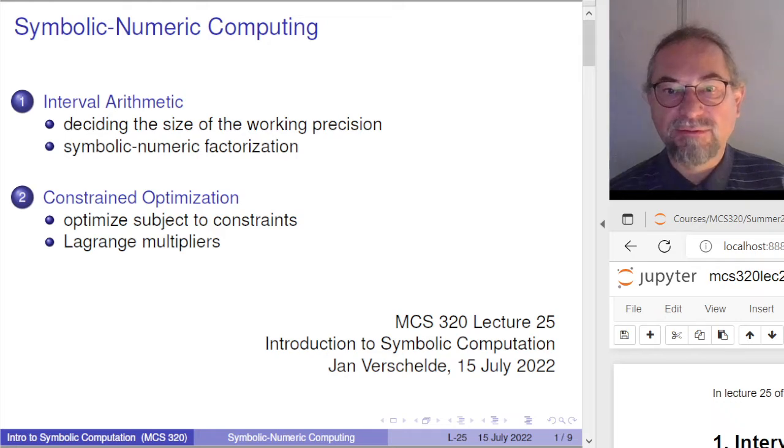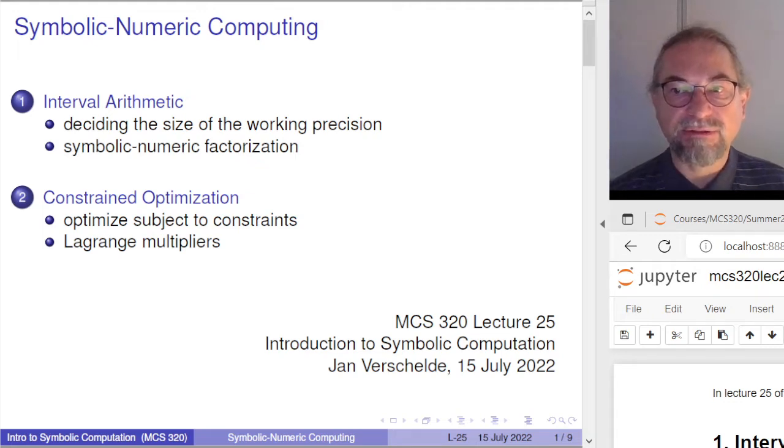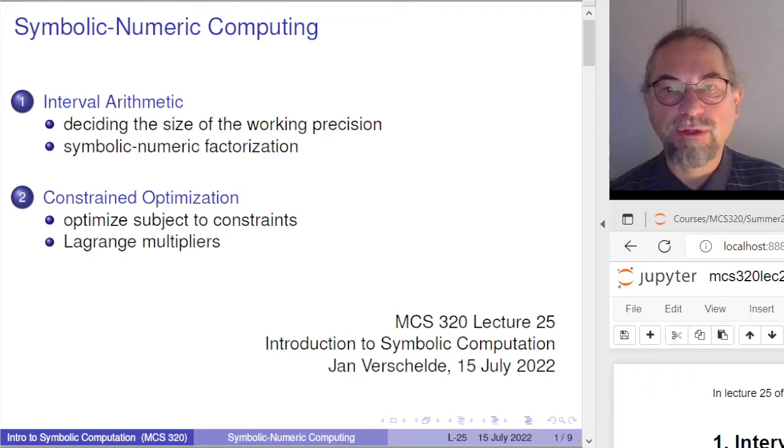Since this lecture finishes a chapter called Calculus, I will end with a problem from multivariate calculus. The second part then makes the transition to the next chapter in the course, where we look more at solvers.